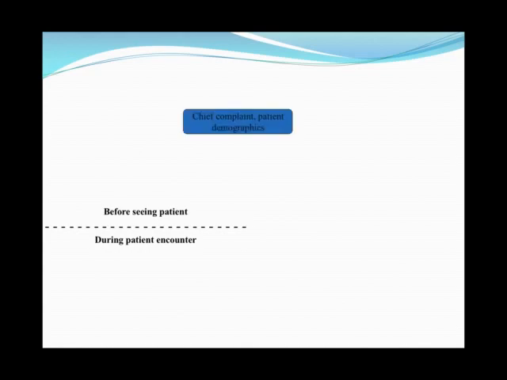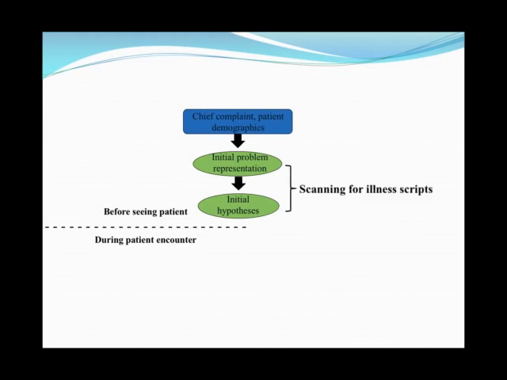So before we see the patient, we see the chief complaint and the patient demographics, and we have the initial problem representation, say it's fatigue or something along those lines. We have an initial hypothesis, like an initial idea. At the same time, we're scanning for different illness scripts, like we talked about. Does this fit any specific disease that we've heard about or have seen before?